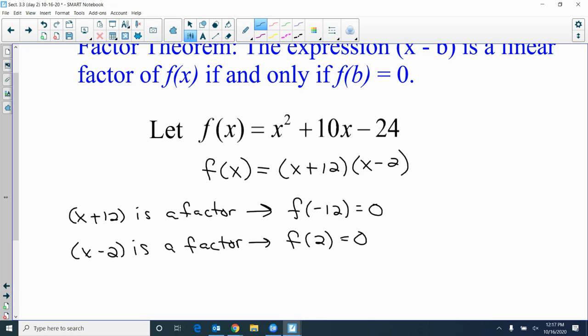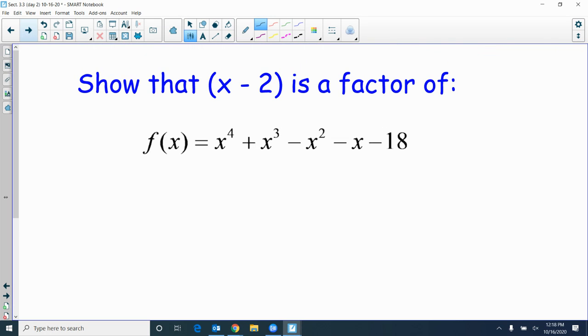All right, so understand that connection. A lot of times what we're going to do is start with substituting a number in and seeing whether it equals 0, and then determine whether that's a factor. Now, in a general case, it says show that x minus 2 is a factor. If x minus 2 is a factor, then what has to be true? f of 2 equals 0.